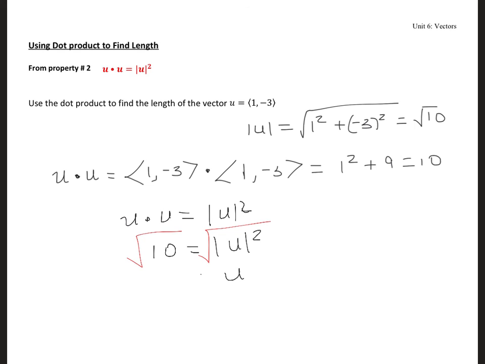That will give me the value of the magnitude of u, which is the square root of 10. So that's just another method to find the length of a vector using the dot product.